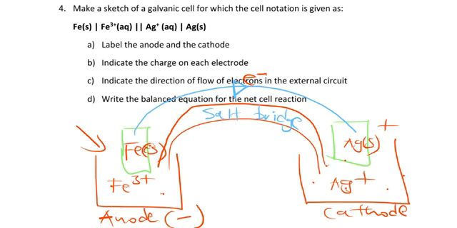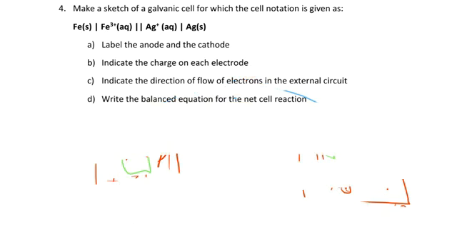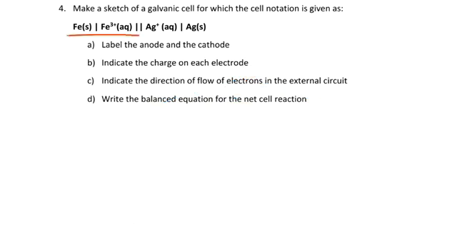So we've indicated the charge, and we've indicated the direction. Write the balanced equation. So a balanced equation now. I can erase the galvanic cell. The half cell for the first part at the anode is oxidation. Oxidation is loss of electrons.